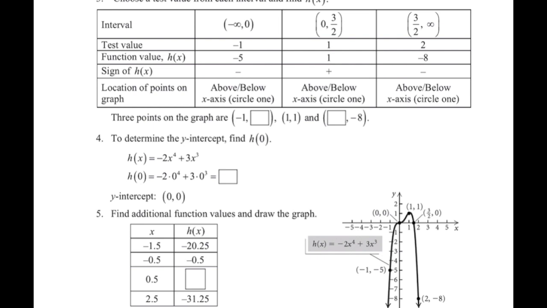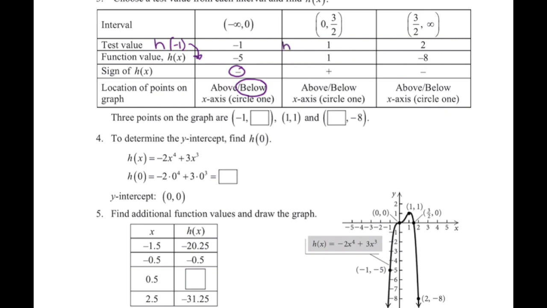When I plug negative 1 into our original equation, h of negative 1, I end up with negative 5. The part that I'm looking for is the negative sign. My value is negative, so I'm going to be below the x-axis.